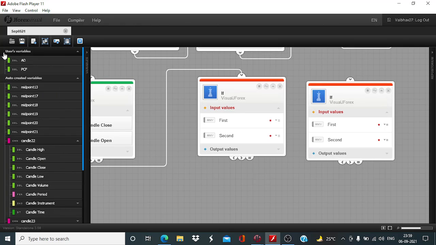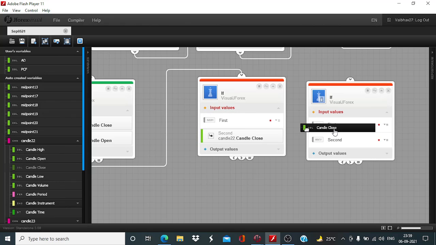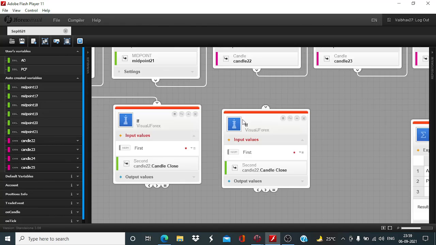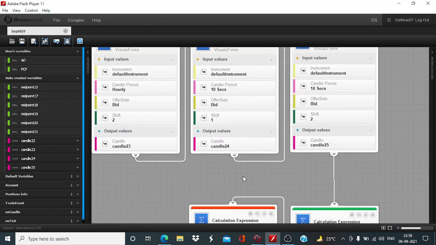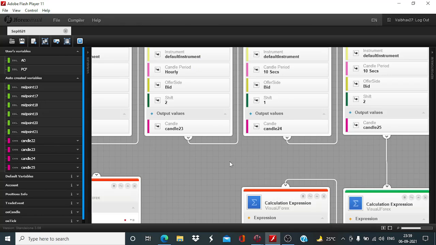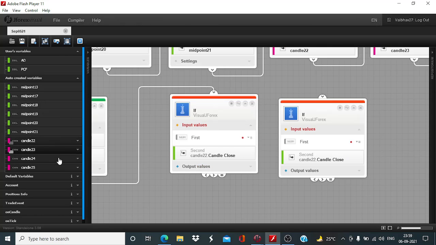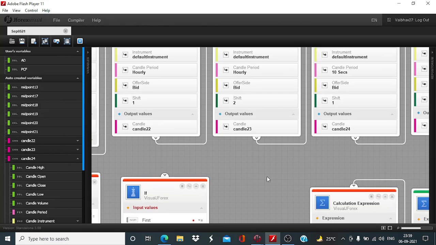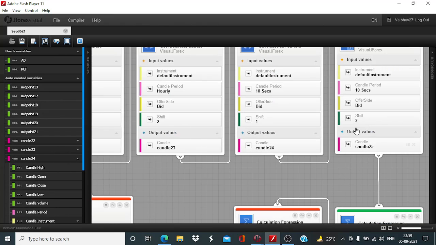So I'll take this as the common input, and then we go to these output values of the candle 24 and candle 25. Candle 24 has a look back period of 1, whereas candle 25 has a look back period of 2.